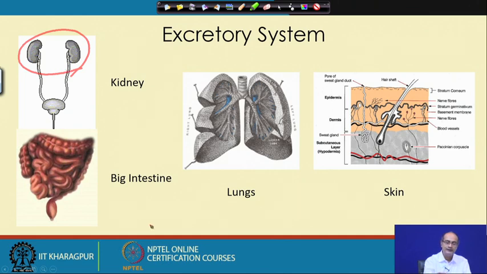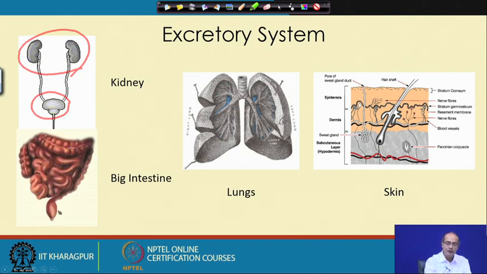It does not allow the blood cells to get filtered, but only the things which are not required for the body, and water, get out of that filter. Those get accumulated in the bladder, and from time to time when the bladder gets full, we feel the urge to urinate and we pass that liquid, and we get rid of those things.